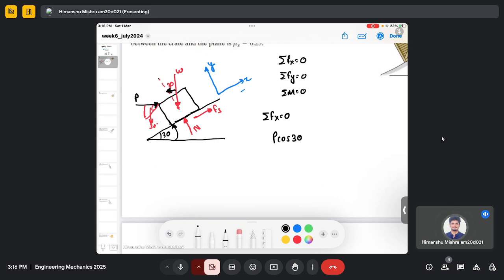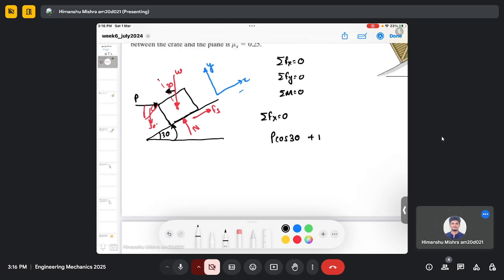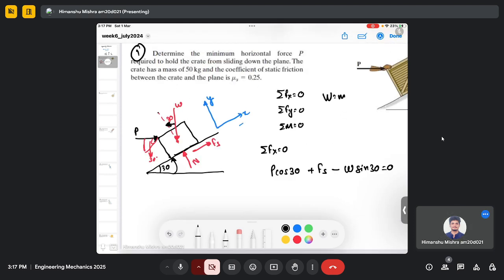So you have this P cos theta, and then there will be a friction force Fs in the x direction, and then there will be a weight component, which is minus W sine 30, equals 0. Here the weight is mg, which will be 50 multiplied by 9.81 newtons, and the friction force will be mu s N, so it will be 0.25 multiplied by the normal reaction.